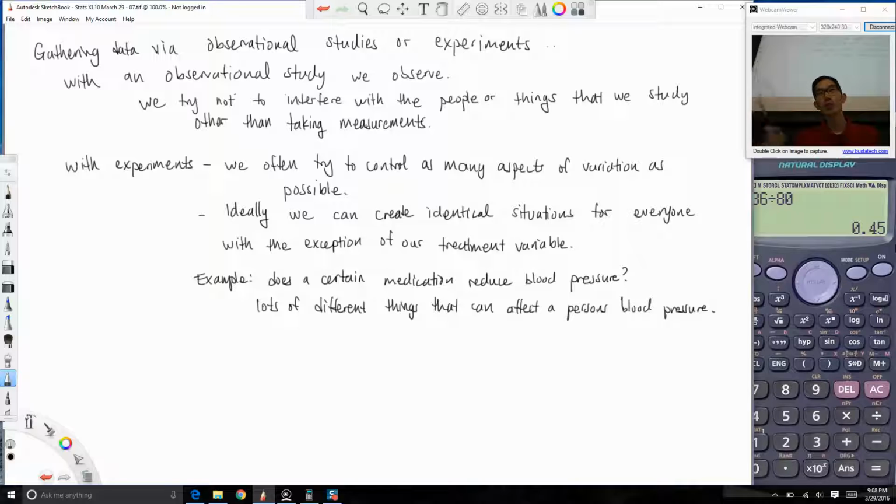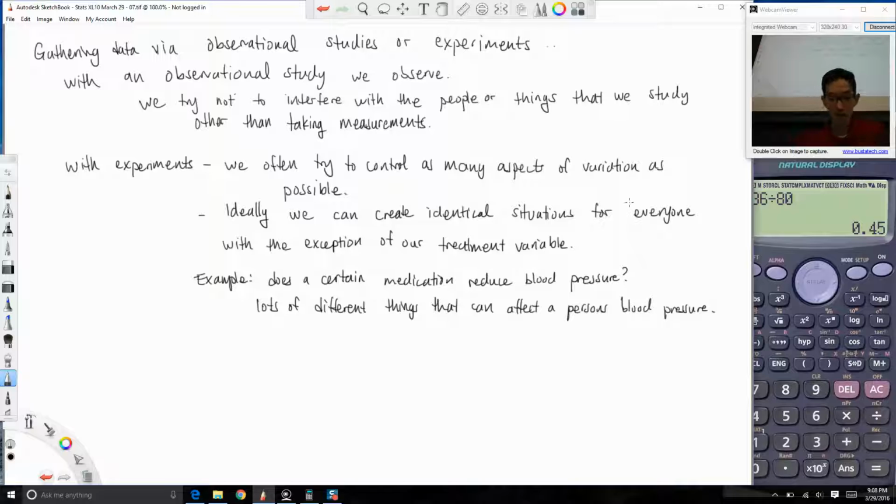Then the only difference would be this group gets the drug, this group gets the placebo. If we see a difference at the end, then we know it can be attributed to the drug versus placebo and not any of these other aspects that play a role.